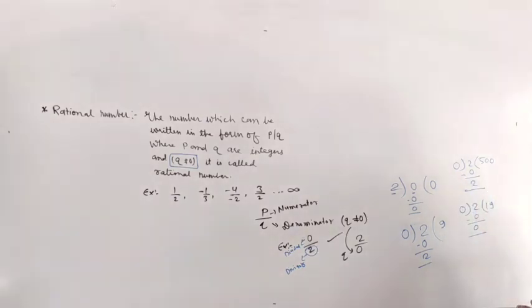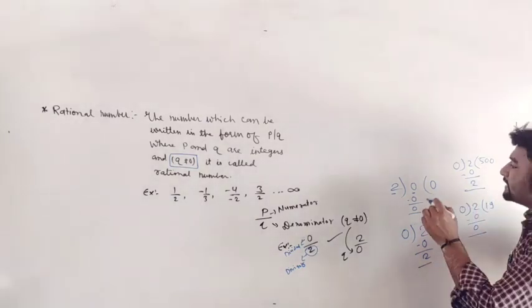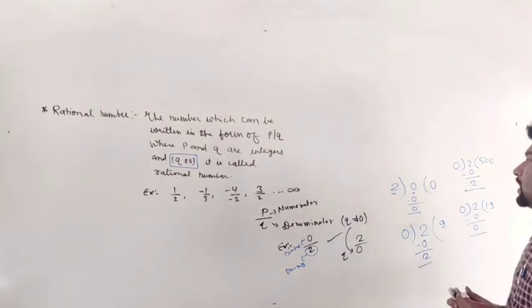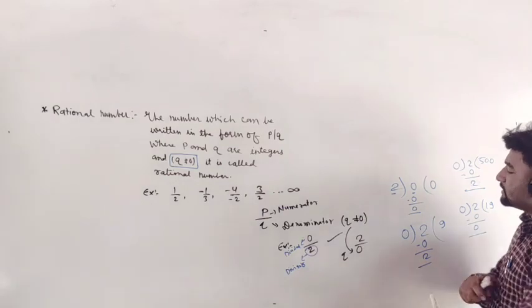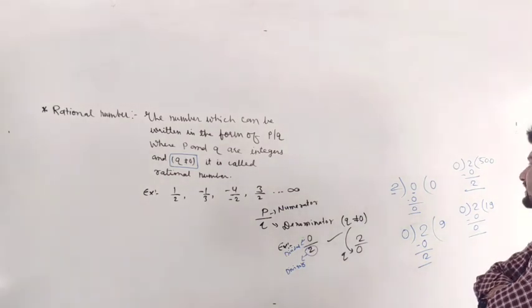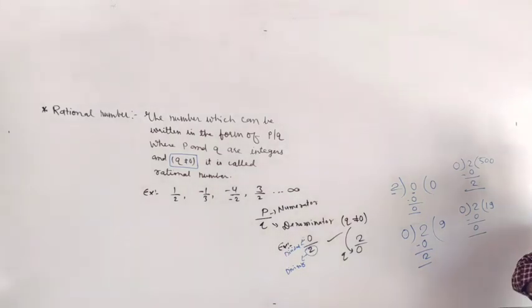Means if in the divisor we write 2, and in the dividend we write 0, then the quotient will be 0 all the time.